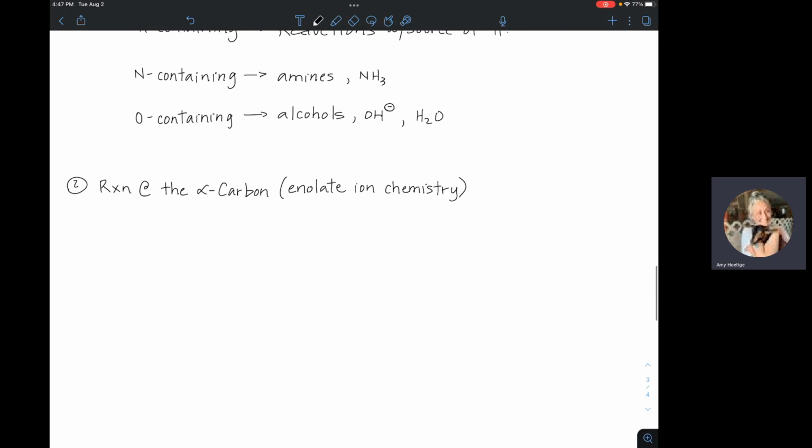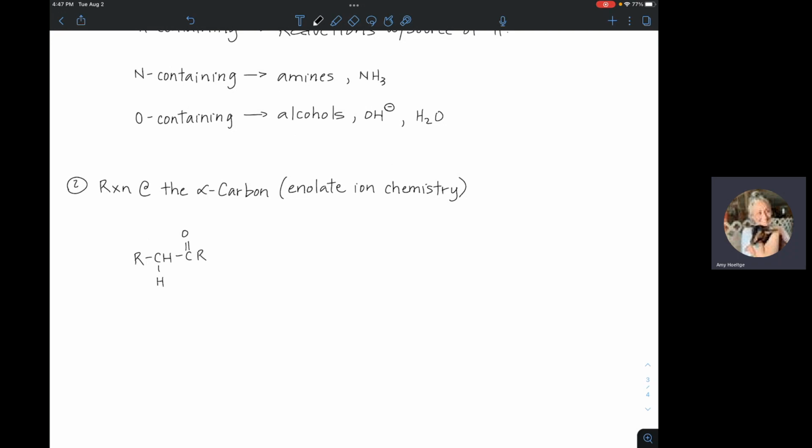What am I talking about? So I'm talking about the special case where the hydrogen on the alpha carbon, otherwise sometimes known as the alpha hydrogen, has a particular acidity to it. I'm exaggerating these bonds so that you can see what I'm talking about.